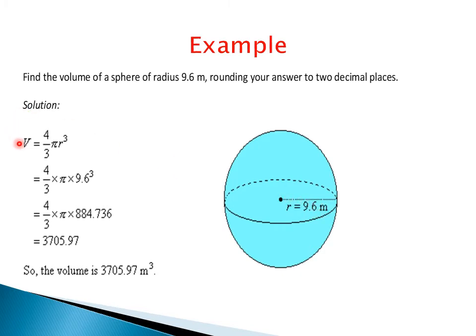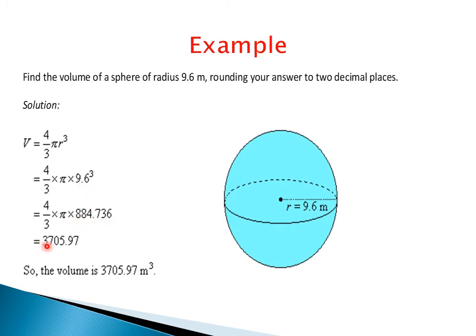The formula we know: V equal to volume equal to 4 by 3 pi r cube. 4 by 3 into pi into 9.6 cube. Cubing 9.6, we will get 884.736.